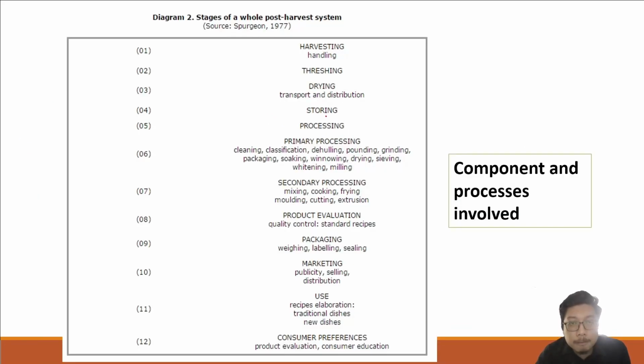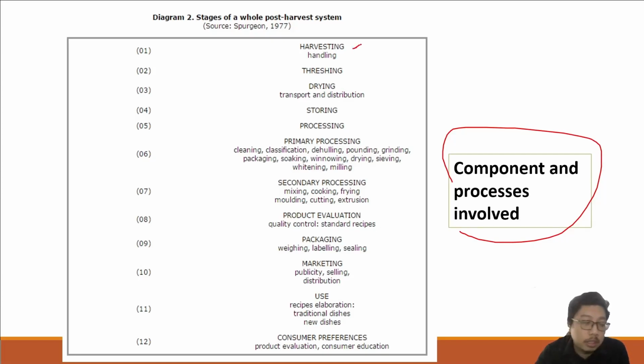So these are the components, or the processes involved in post-harvest. Of course it starts with harvesting. We harvest it, and then when it is collected, it needs to be brought to the pack house.